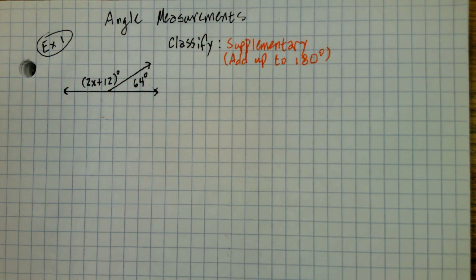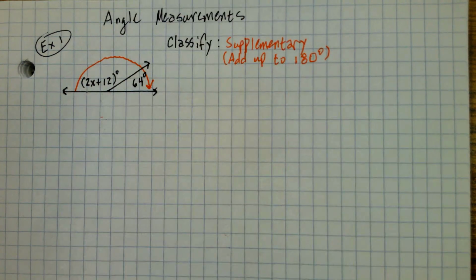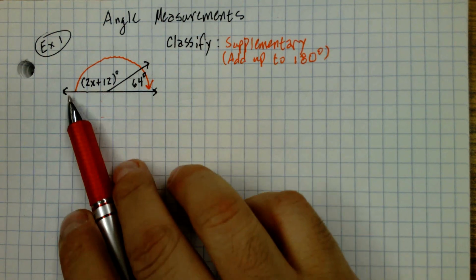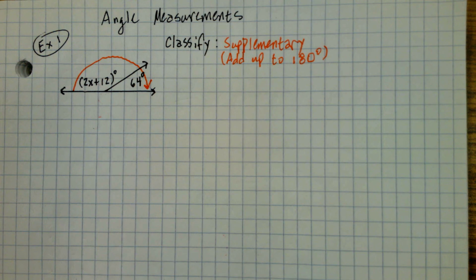So these have to add up to 180. And if you can verify, these two angles together combine to make what's called a straight angle, which means a straight line. And that's 180 degrees. Okay? So that means we can make up an equation.